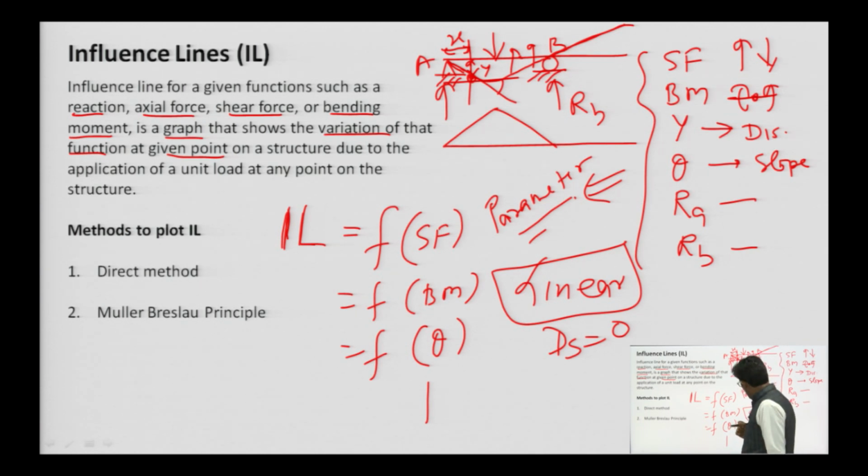In the case of an indeterminate structure, it is curved, in the shape of a curve. When it is linear, determination of any parameter is very simple. This is the usefulness of the influence line.